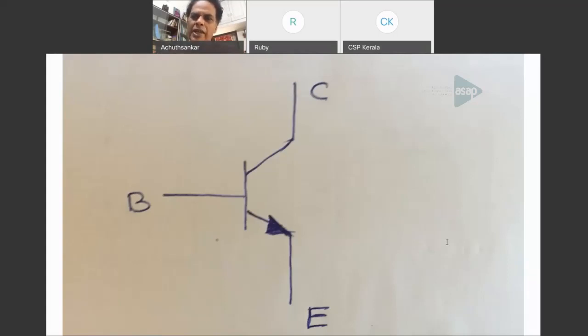One when it is forward biased, one when it is reverse biased. In the forward biased model, it is a 0 ohm resistance, or you can say very small resistance. In the reverse biased condition, it is a very high resistance, infinite resistance. But the answer is simple. What is a diode? Diode is a resistor.